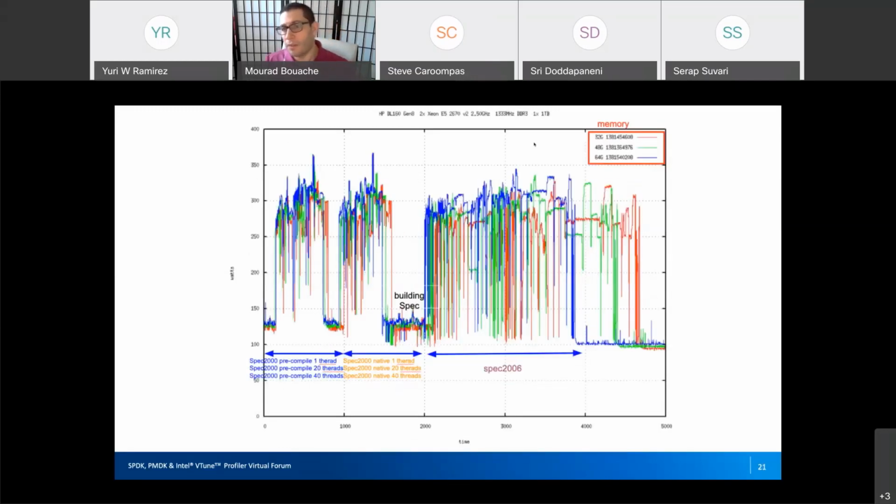This is one of the performance certifications that we do, and what you can see here is the performance per watt, running SPEC 2000 pre-compiled in the first stage, then native in the second stage, and then waiting a little bit to build the SPEC 2006.